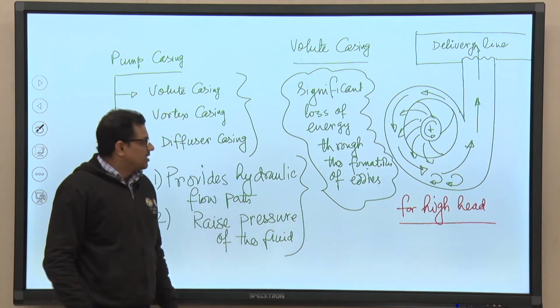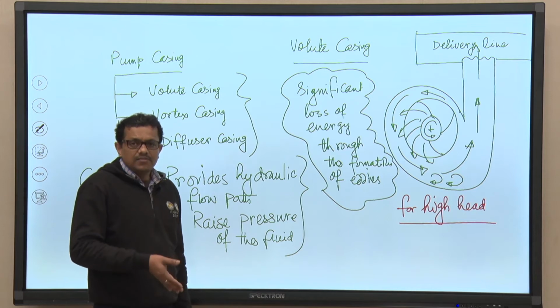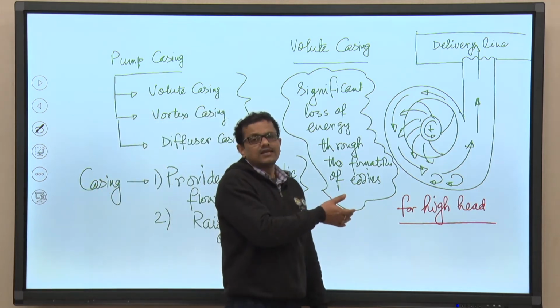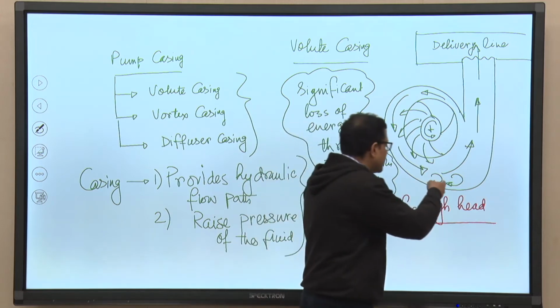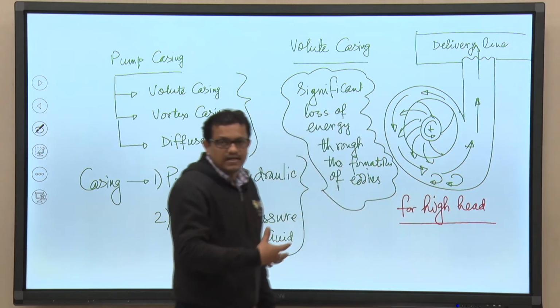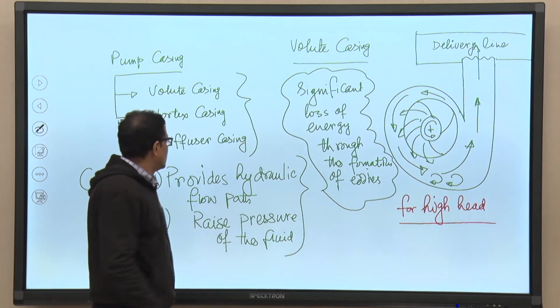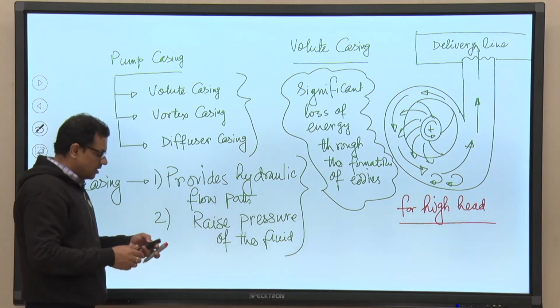But at the same time our target should be to modify the design so that the formation of eddies can be prevented, which in turn will enhance the pump efficiency. So, the next one is the vortex casing.